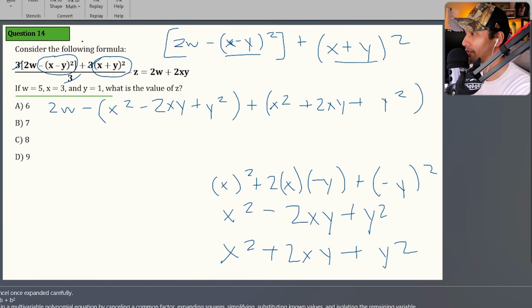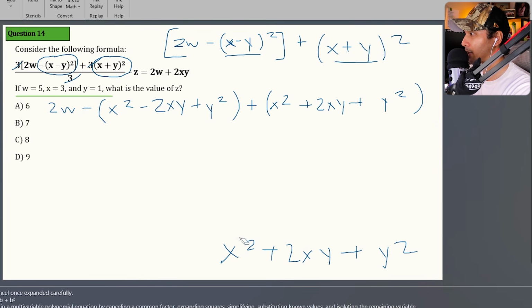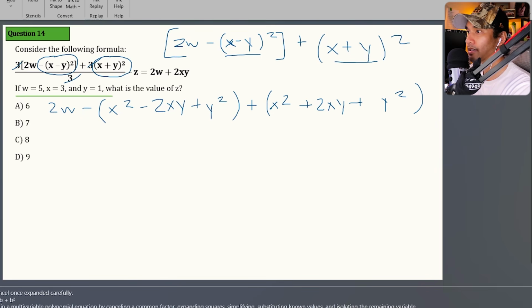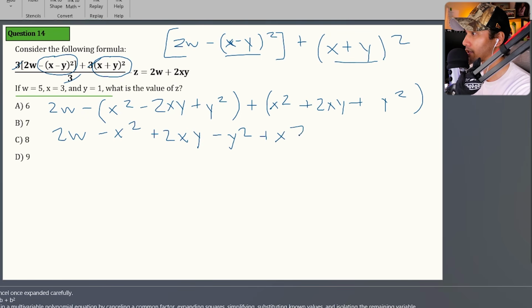I'm going to end up canceling a lot of terms. Distributing the negative, we have 2w minus x squared plus 2xy minus y squared plus x squared plus 2xy plus y squared.